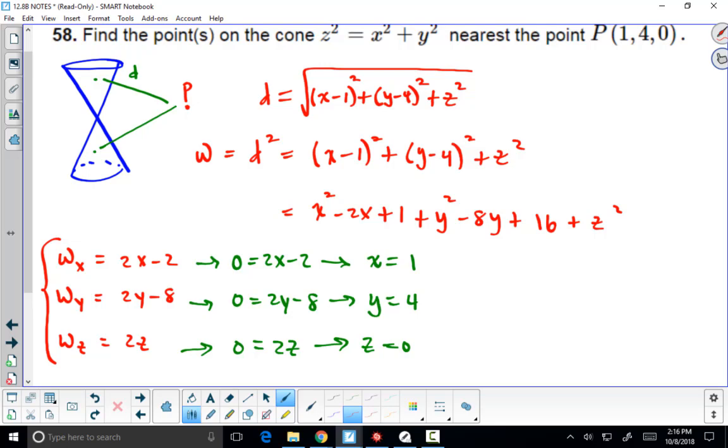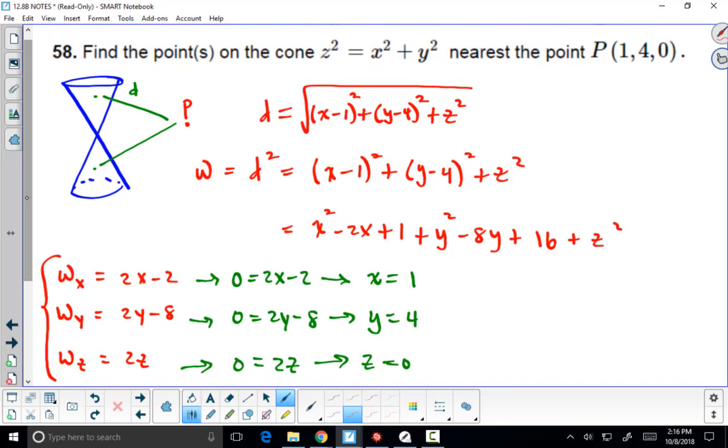See that z? Get the eraser. What should we put in for it? We said that somehow we have to incorporate the cone into it. We have this distance formula between that point and any point in the universe, but we want it to be between that point and the cone.